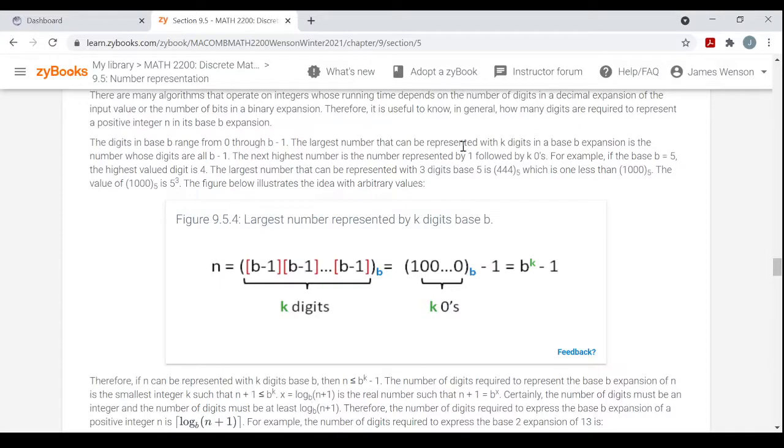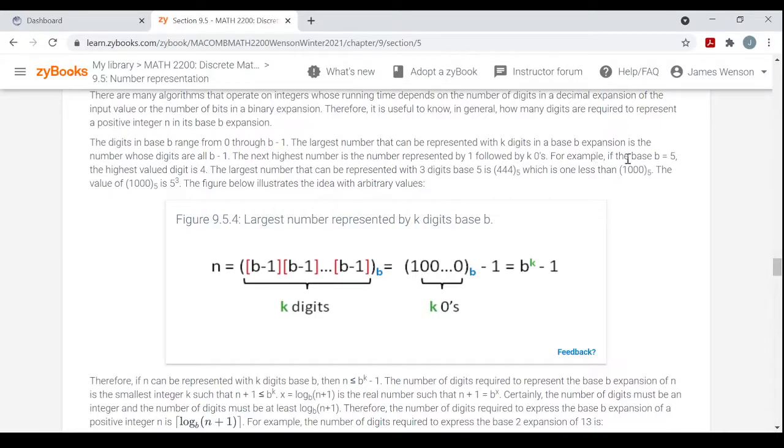The largest number that can be represented with k digits in a base b expansion is the number whose digits are all b minus 1s. The next highest number, when you add 1 to that, is the number represented by 1 followed by k zeros.